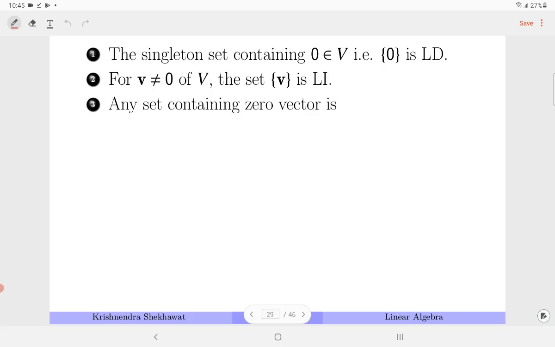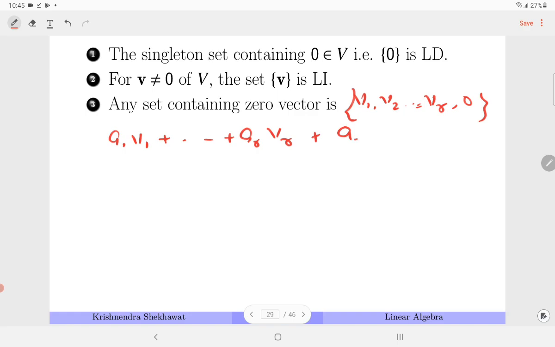Any set containing the 0 vector, LI or LD? Think over it quickly. It directly follows from point 1. Let's say there is a set v1, v2, ..., vr and containing the 0 vector. If you write the vector equation, it looks like a1 v1 plus ... plus ar vr plus a(r+1) times the 0 vector is equal to the 0 vector.